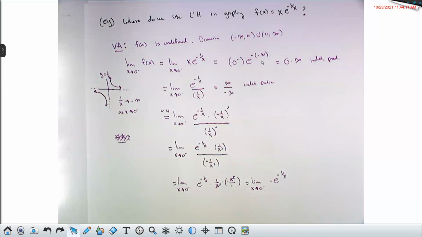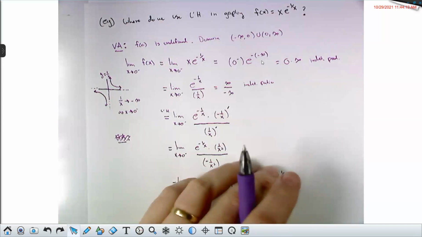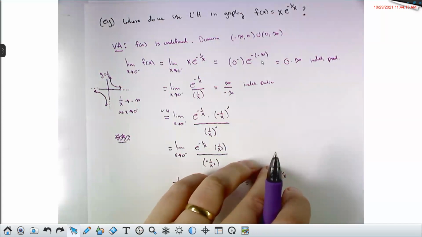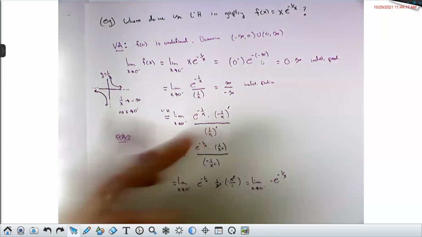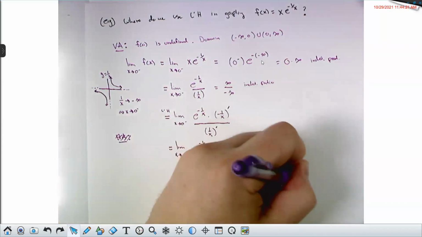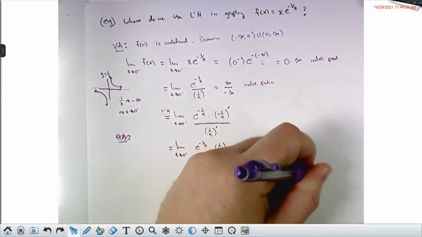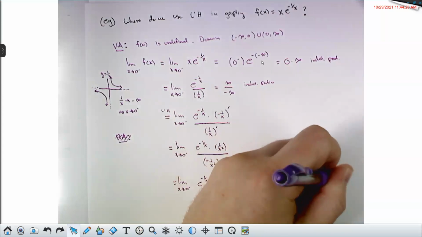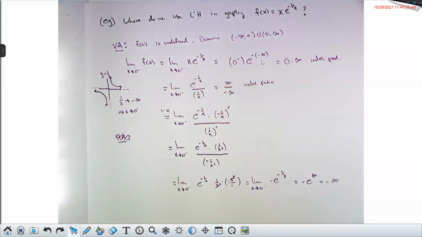And again, this 1 over x piece is going to go to negative infinity. Negative 1 over x will go to positive infinity. So that's negative e to the infinity, which is negative infinity. So as we approach 0 from the left, this curve is diving down to negative infinity. What about as we approach 0 from the right?